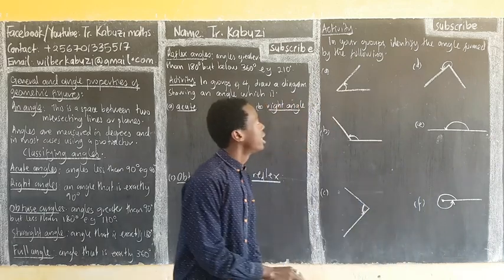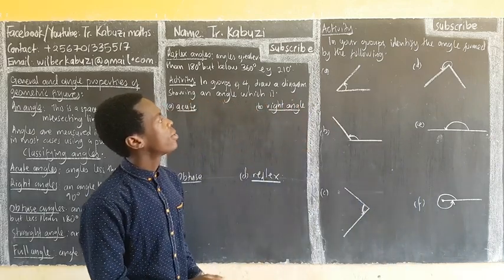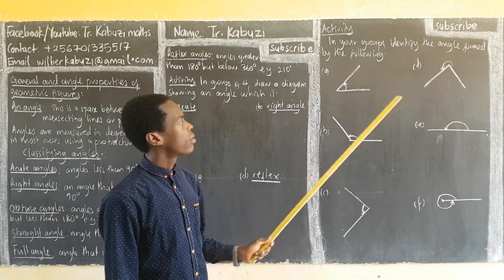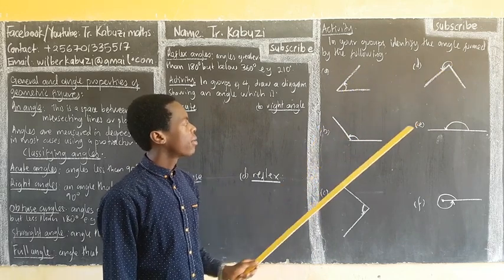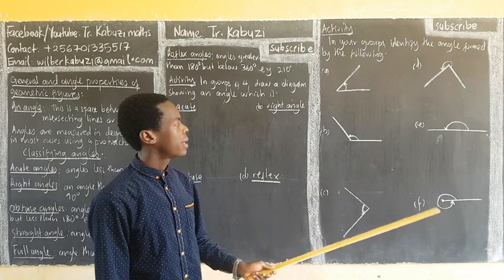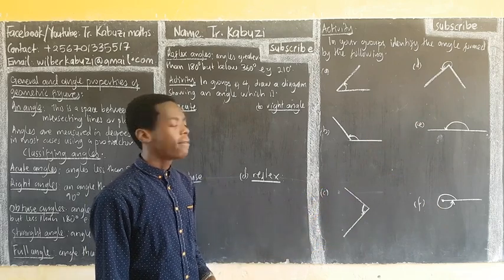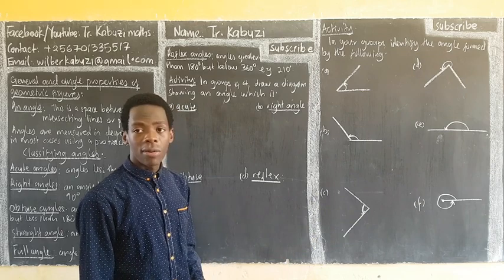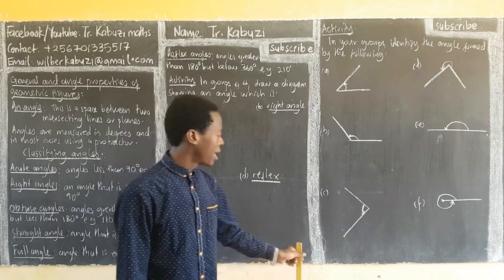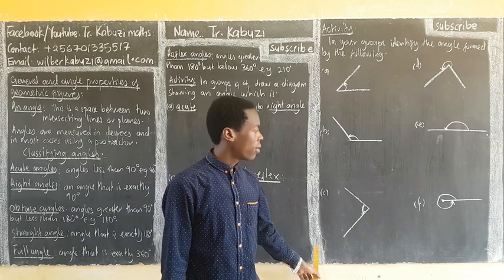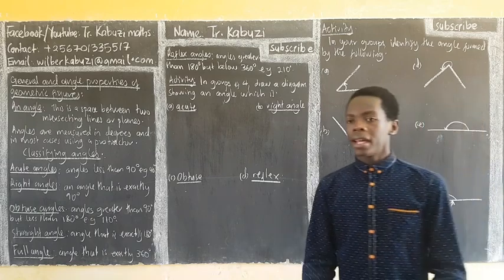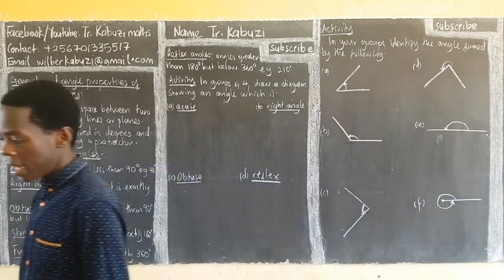Still in your groups, identify the angle formed by the following: this angle, this one, and this one. You have 10 minutes. After that you send those papers to me, and then we see.